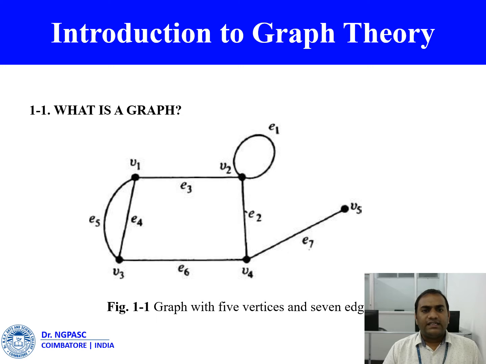Here each edge connects 2 vertices. For example, V1 is a vertex, V2 is another vertex. The line joining them, named E3, is called an edge. This edge connects V1 and V3 as vertices.